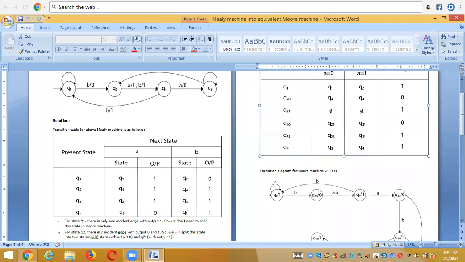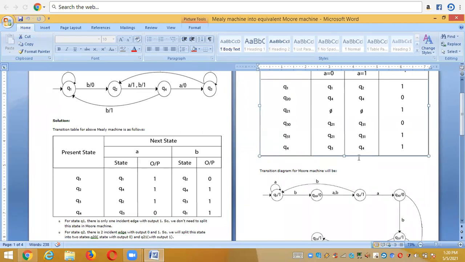And for the Q4, here the Q3 is a split state and Q1, and here actually we wrote Q4 but it is Q1. Q3 is a split state. So you can write it as Q3 0 because the output for the Q3 here is 0. So combine these two and write Q3 0 here, right?